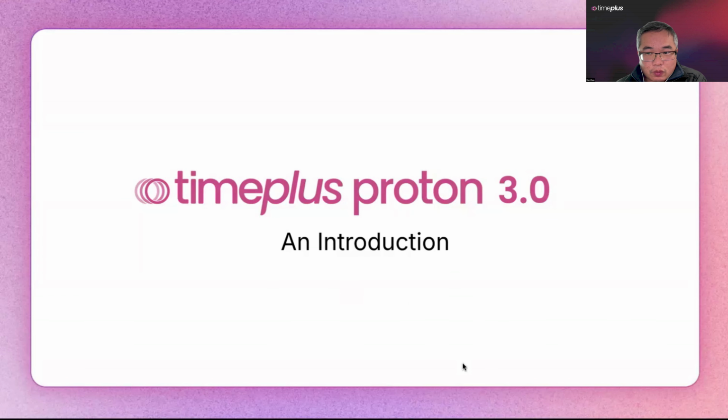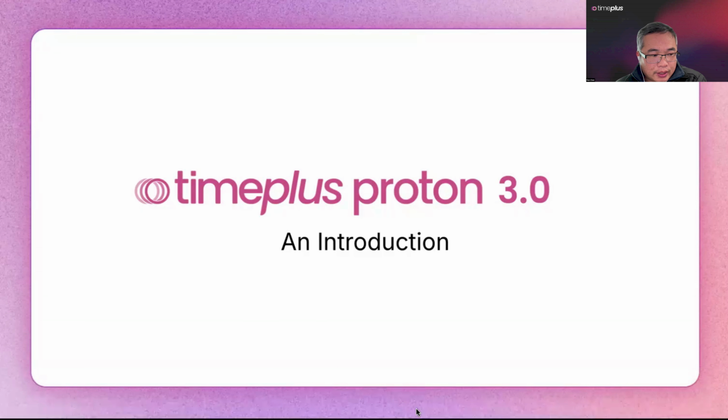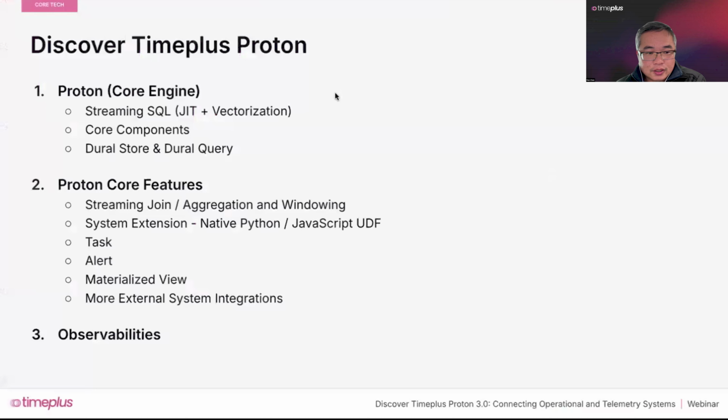So we have quite a few slides for the 3.0 updates, since it is a very big upgrade with lots of functionality as well as performance enhancements. Let's go through these slides real quick. There are several sections I'd like to highlight.